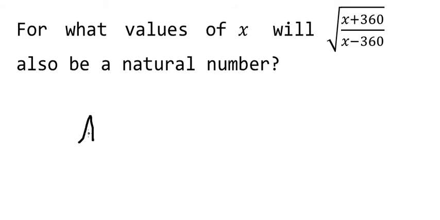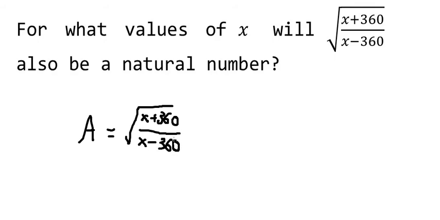We let capital A equal the square root of (x plus 360) over (x minus 360). We put the square on both sides.